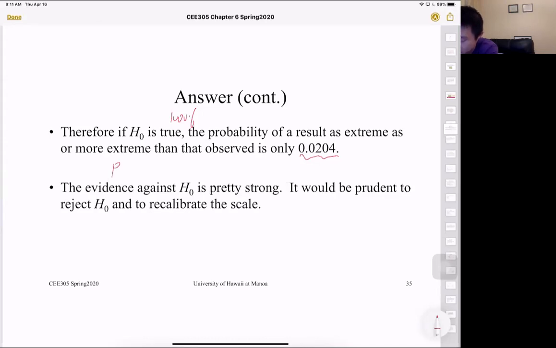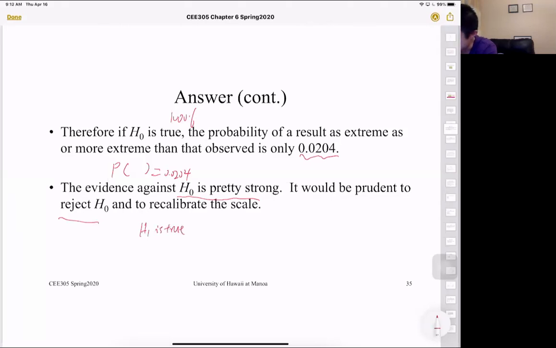So the p-value actually is only 2.04%, 2.0204%. So the evidence against H0 is very strong, so it is okay to reject H0, and we can conclude H1 is true.